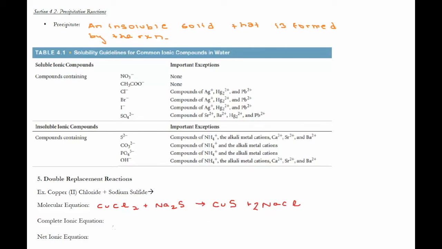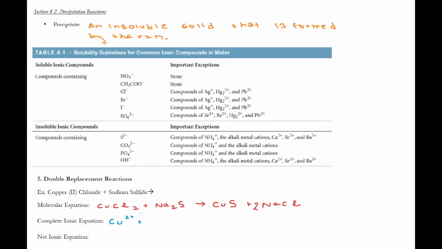The next thing that you need to do is break apart into ions anything that is soluble. So if you look at chlorides, your solubility guideline tells you that all chlorides are soluble except for silver, mercury, or lead. Well, this is not silver, mercury, or lead, so I know this is going to be soluble. So it's going to be copper with a 2+ charge.